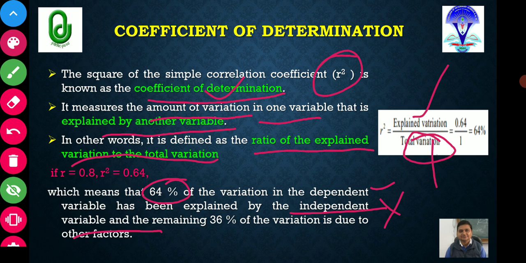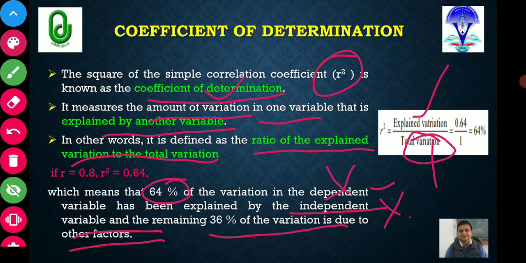And the remaining 36% is not explained. That may be due to certain other variables which we have not taken. That is why this 36% is unexplained.